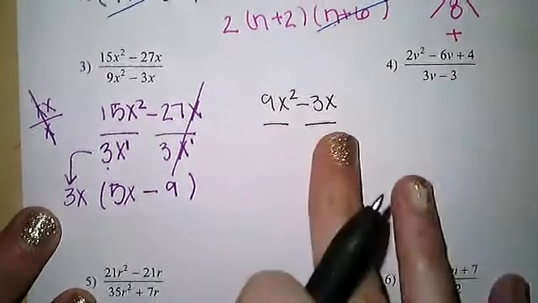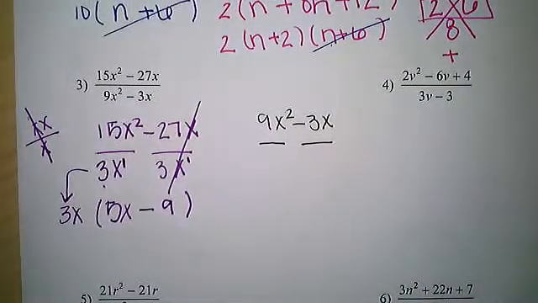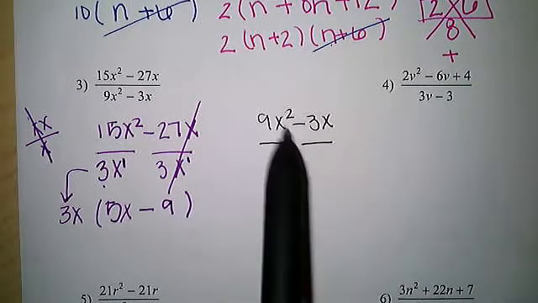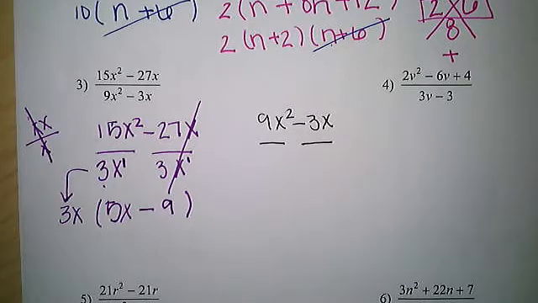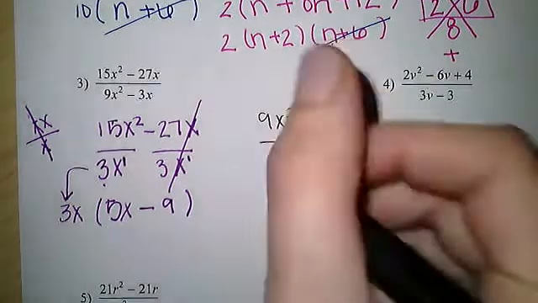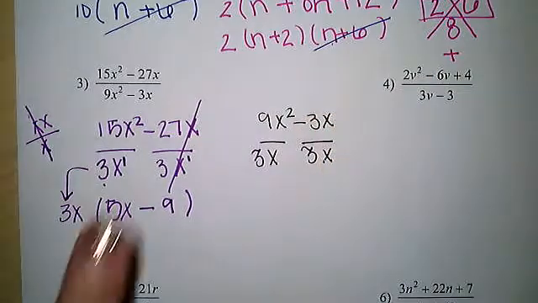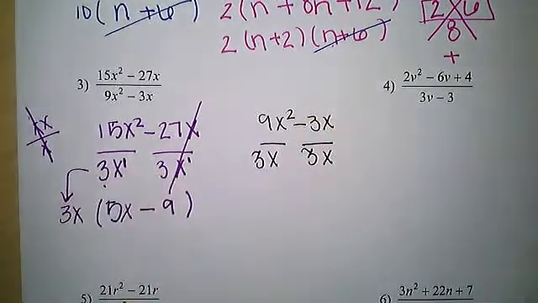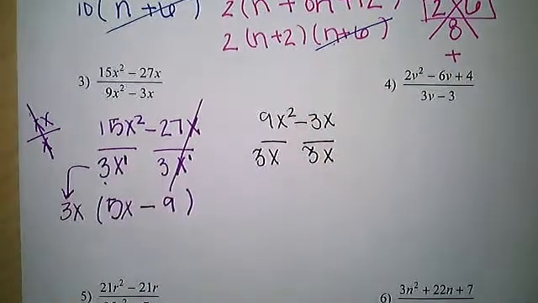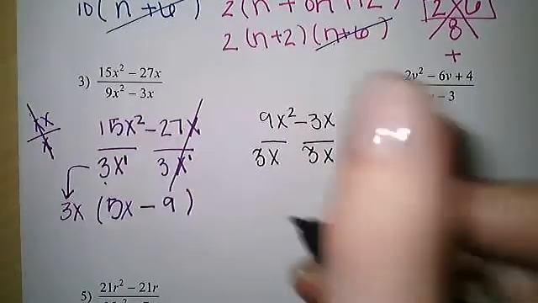The GCF for this one, does anybody know what the greatest common factor is of 9 and 3? And maybe what to do with these X's? I'm guessing it's 3X. Perfect. Good. Very good. And that's kind of nice because they both have that greatest common factor of 3X. So that's going to come in handy.